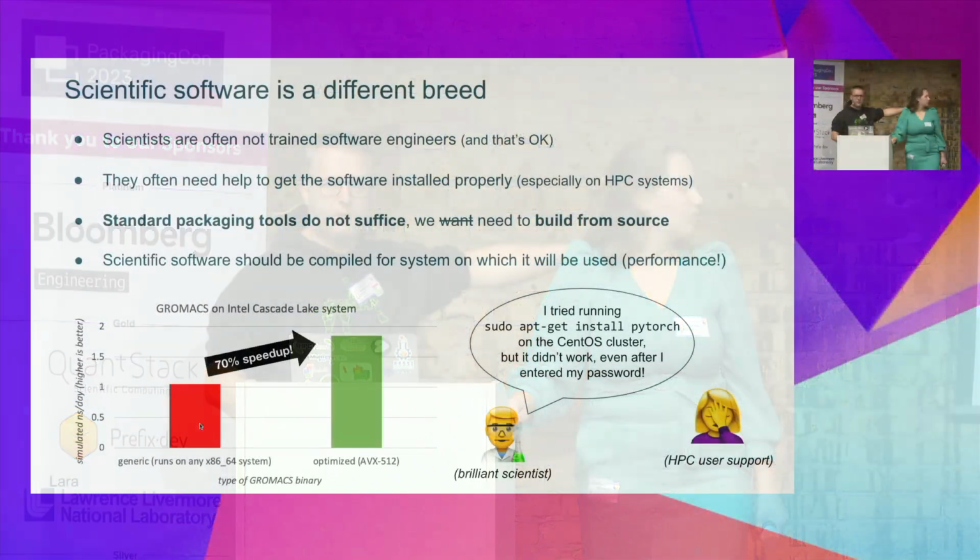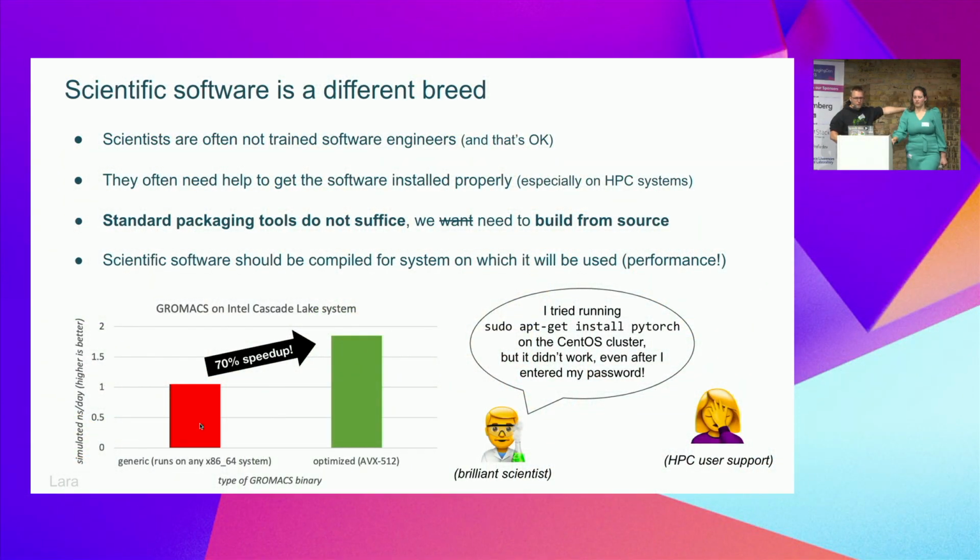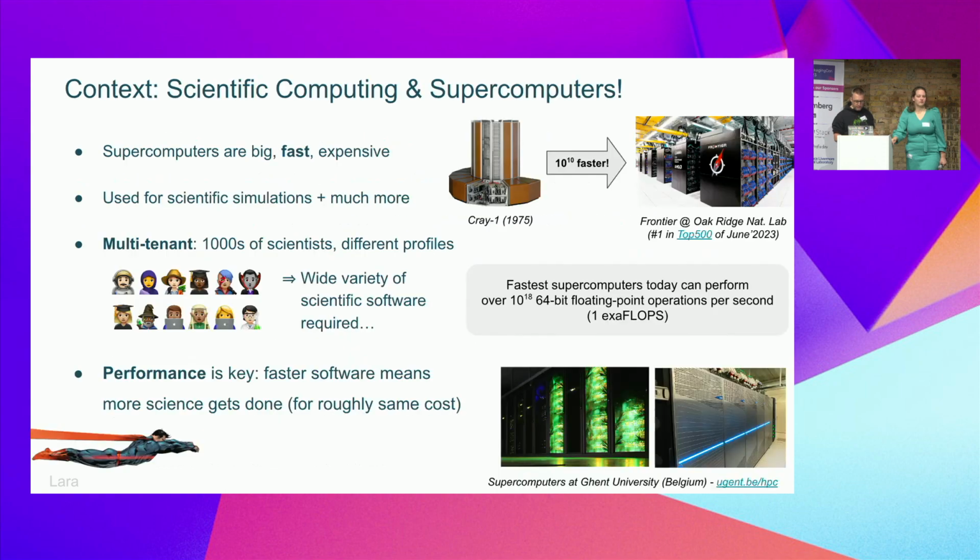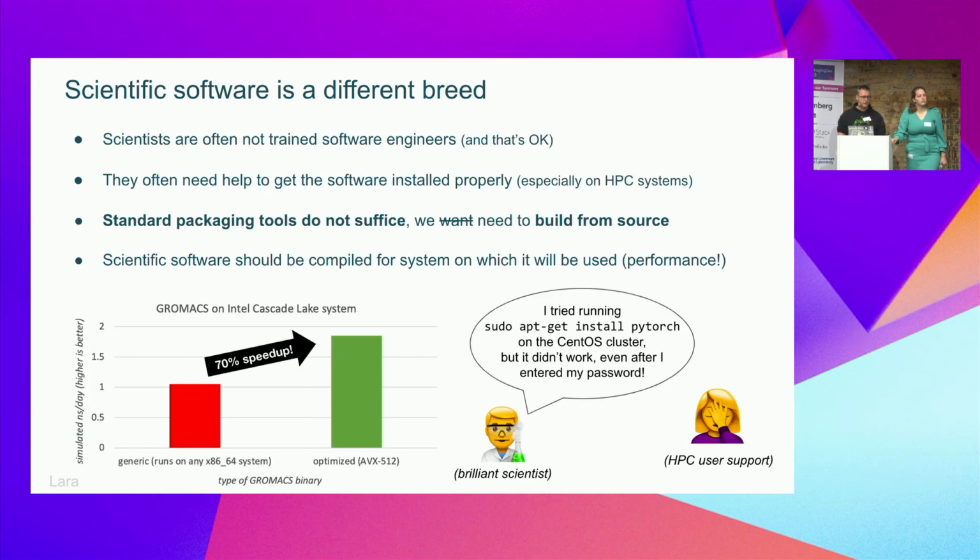That's not sufficient for us, exactly for the reason that Lara showed: if you run a single binary on your system, you're in the red part of the graph. And higher is better here. So we don't want to be in the red part of the graph. We're running on these hugely expensive systems. We want to use that hardware properly, and run it to the extent that it can do stuff well. So all these fancy instructions, AVX-512, we want to use those because that matters a lot for scientific software.